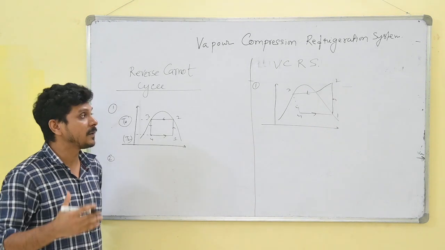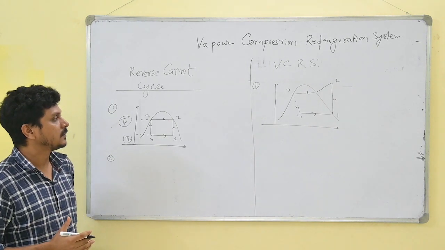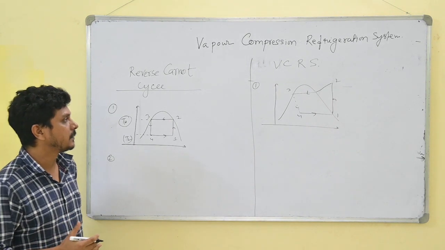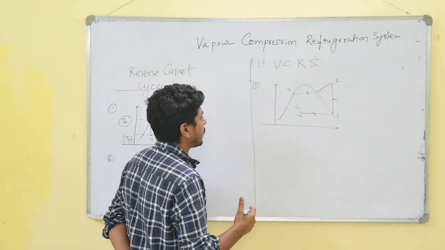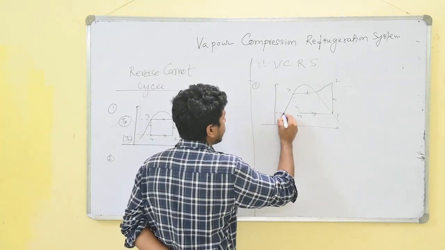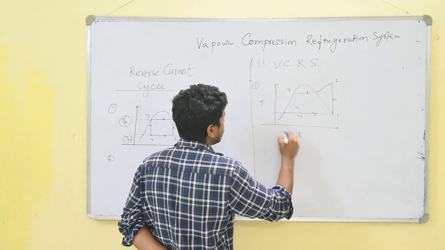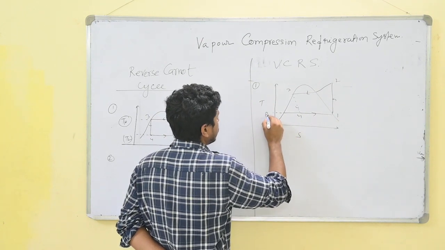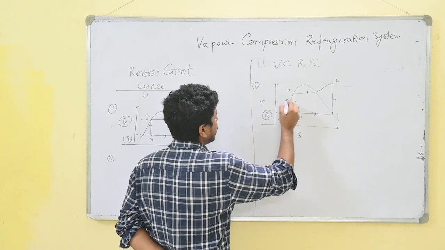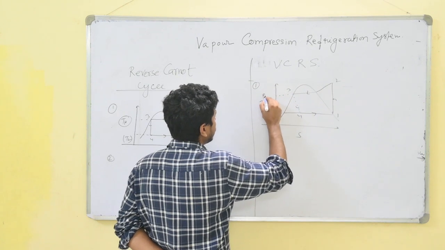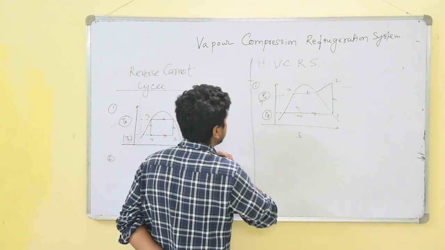But the vapor compression refrigeration system works between two pressure limits. The lower pressure is called the evaporator pressure, and the higher pressure is called the condenser pressure.